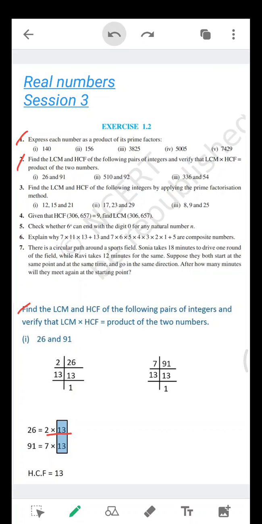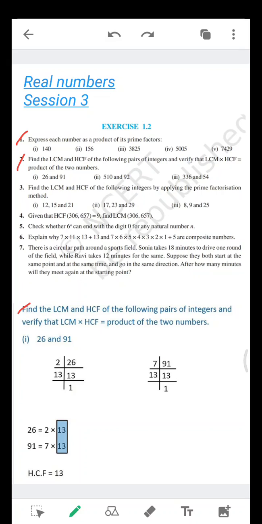So what you used to do for finding HCF is take the common factors from both the numbers. The common factor in both the numbers is 13. So the HCF of these two numbers is 13.